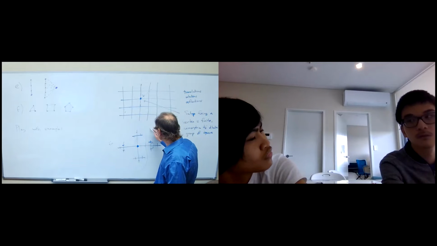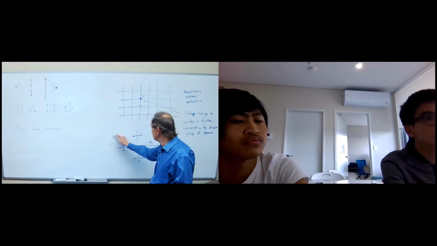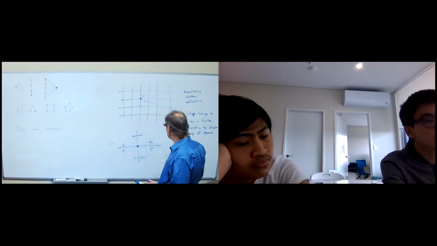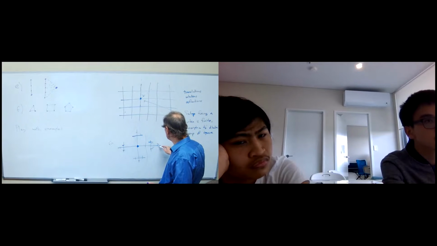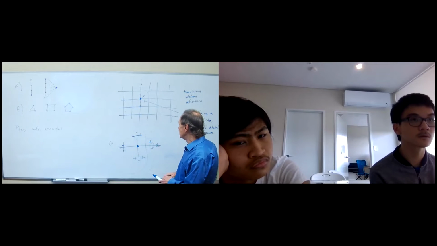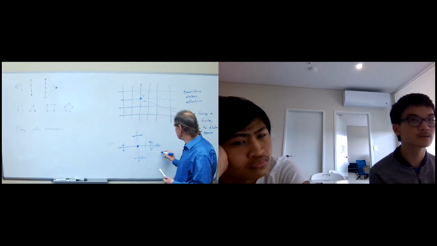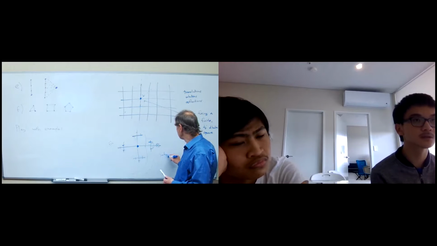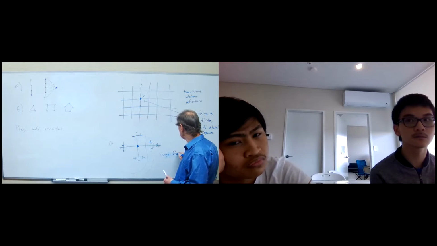Or we could even fix everything in a bigger tree and flip. Well, we can swap around these branches. So the subgroup fixing a vertex here is infinite.